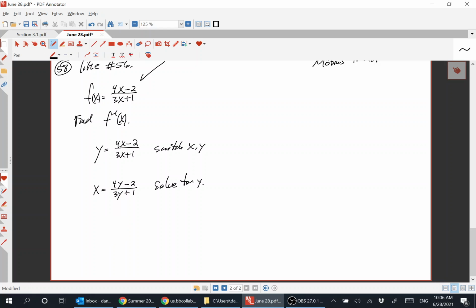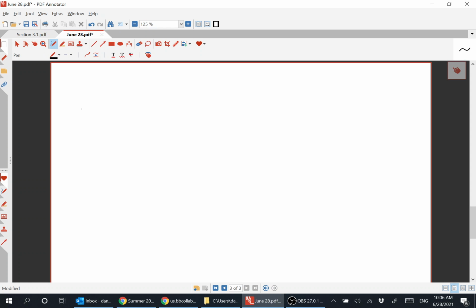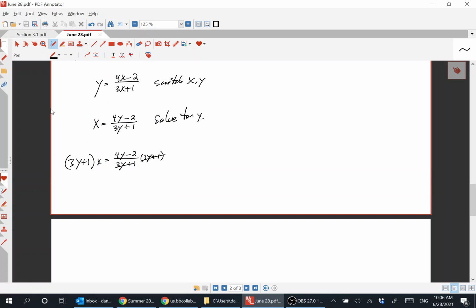Okay, so how you do it, you multiply both sides by the denominator, and that cancels that out. Cross multiplying, right? One way to think of that is when a fraction is equal to a fraction, you do this cross multiplication trick, or just multiply both sides by the denominator.